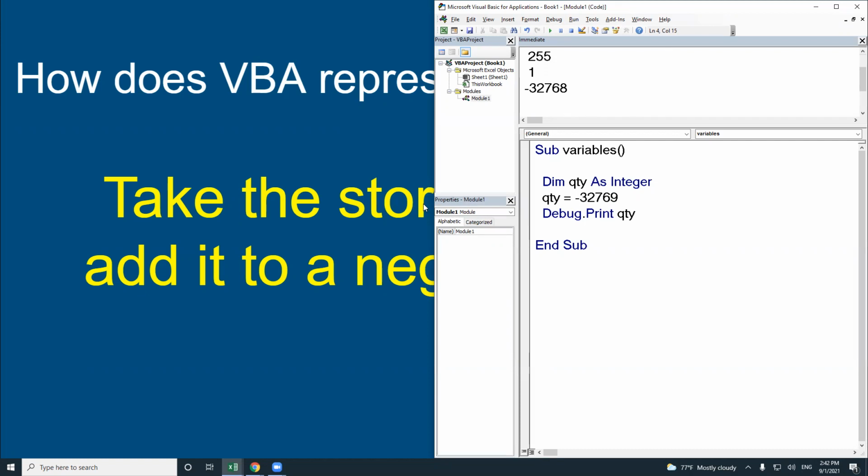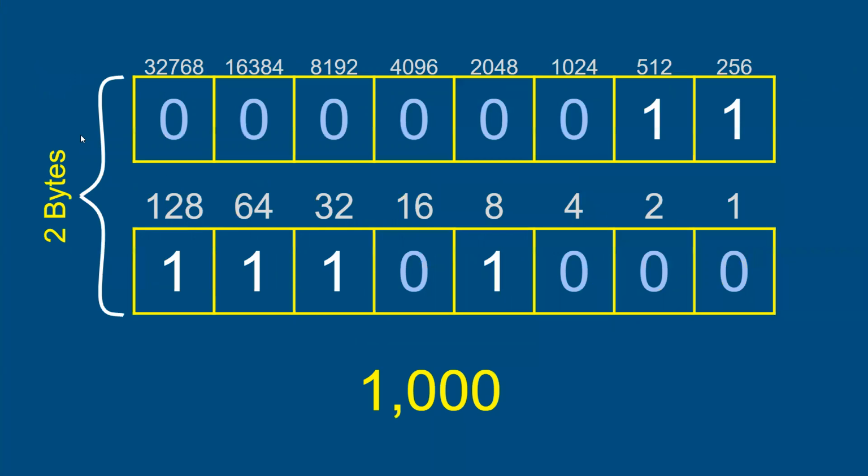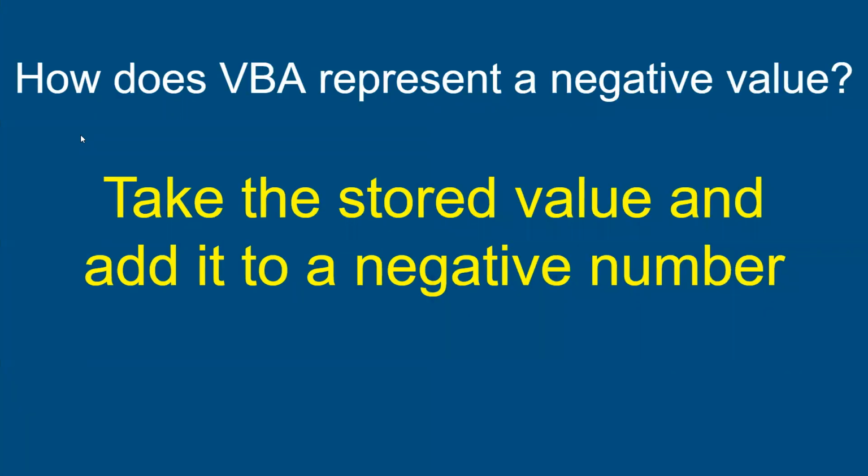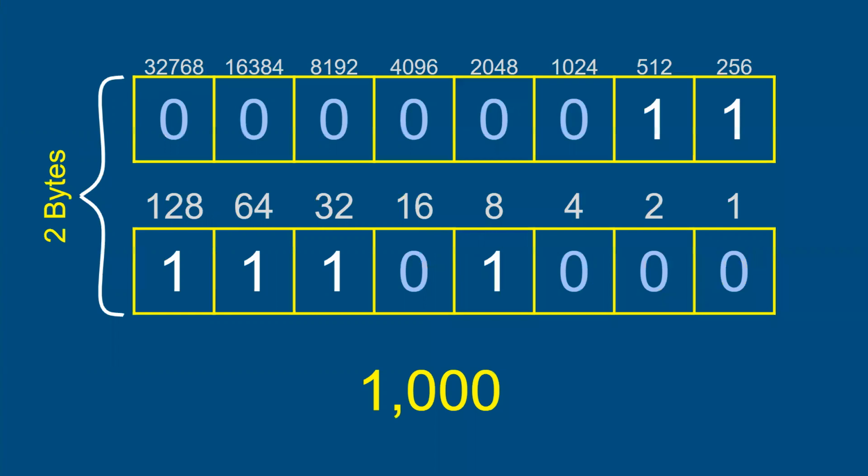That's the bottom. So if we have a whole bunch of zeros stored, then that number will be negative 32,768. Now in this case, the number that I have stored here is 1,000. That's the integer just stored in binary. But if this is a variable of type integer, what value is actually represented there?